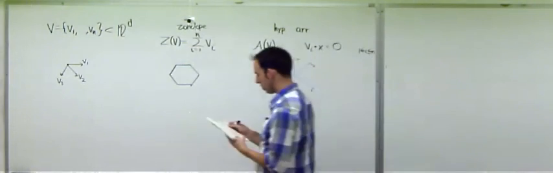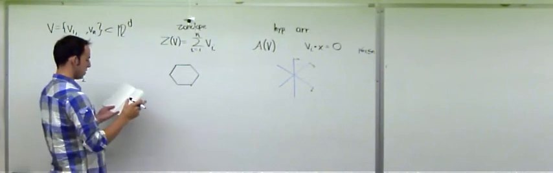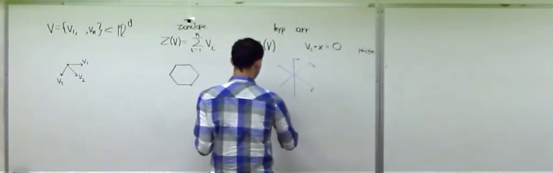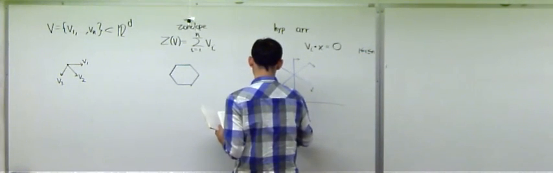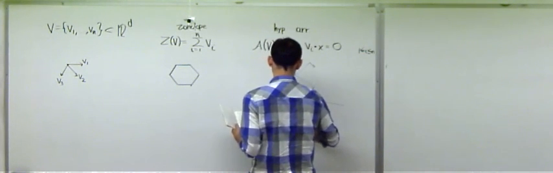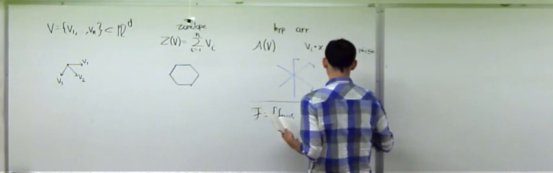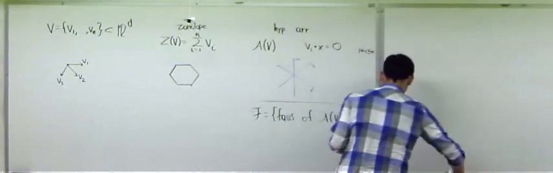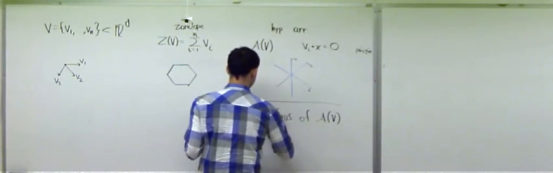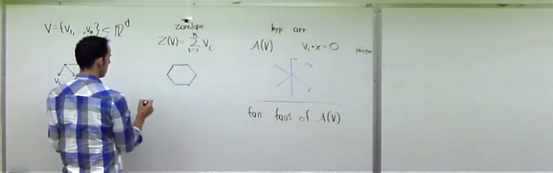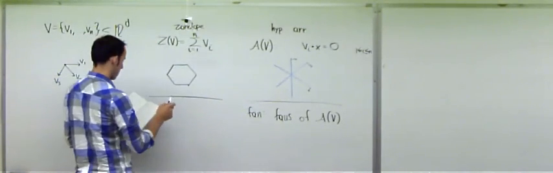And then I defined two fans. So first we define the faces of the arrangement. They form a fan. And then the other fan that we formed was by doing the following thing.